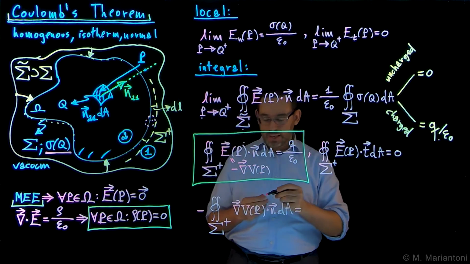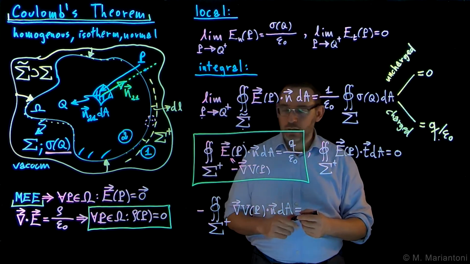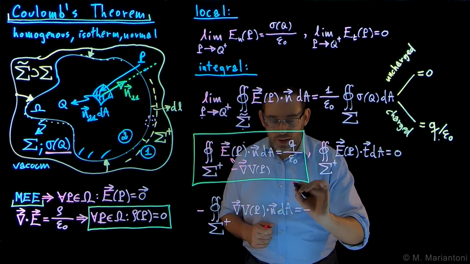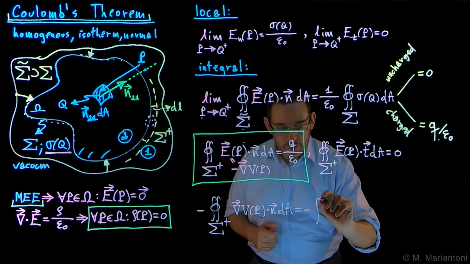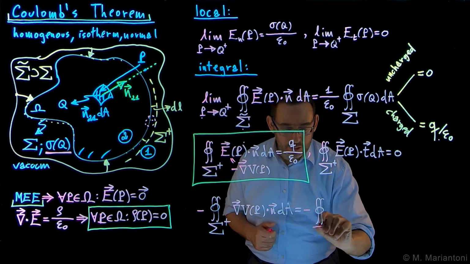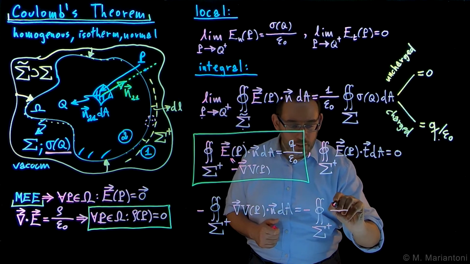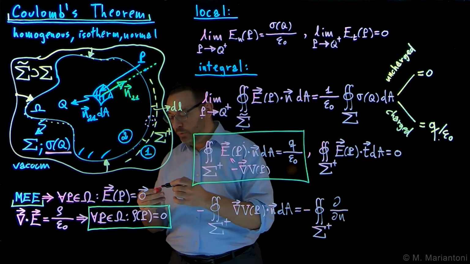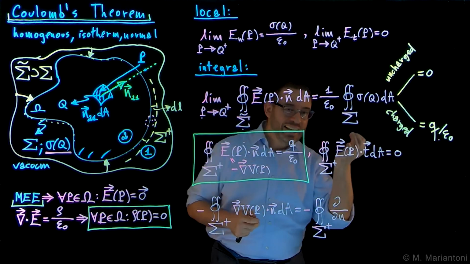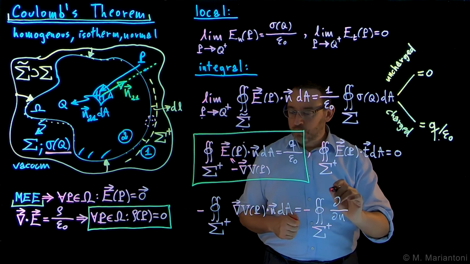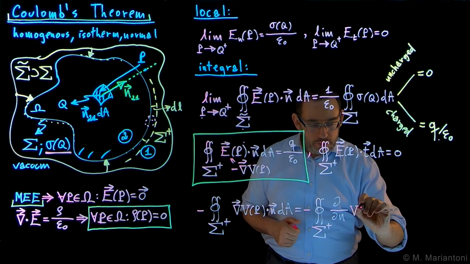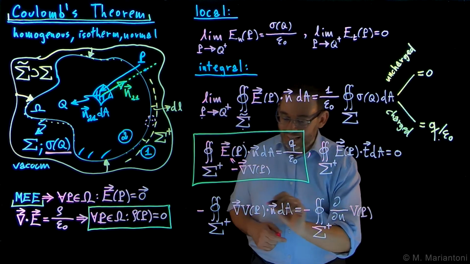This is nothing but a directional derivative, okay? So we can rewrite it using the concept of directional derivative: the integral, again on the limiting surface, so in the limit, sigma plus, of the partial with respect to the direction n, and in the problems this direction, for example, for a sphere, will be the radial direction, as we shall see soon, of V of P. So this is the result of the projection, a scalar, dA.